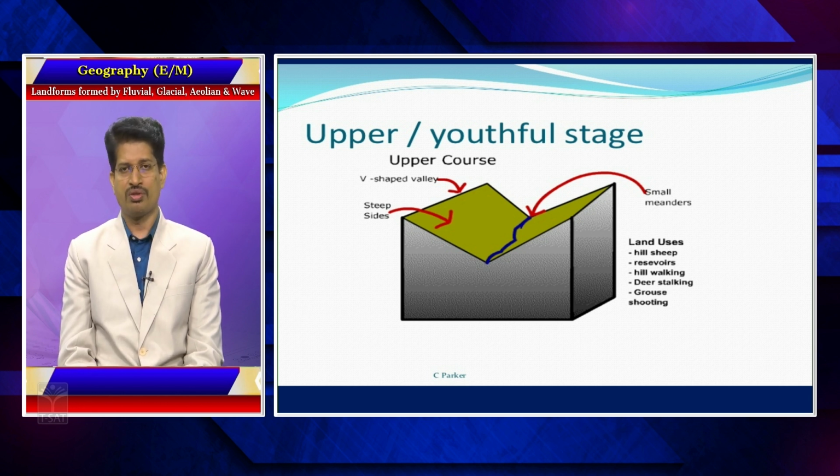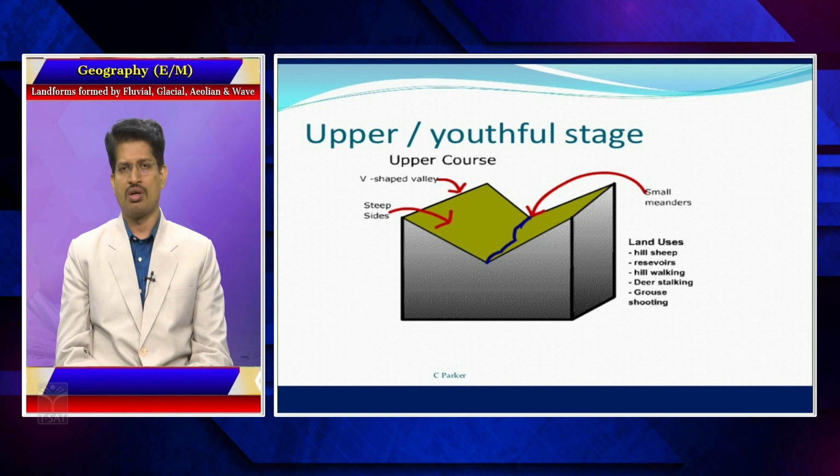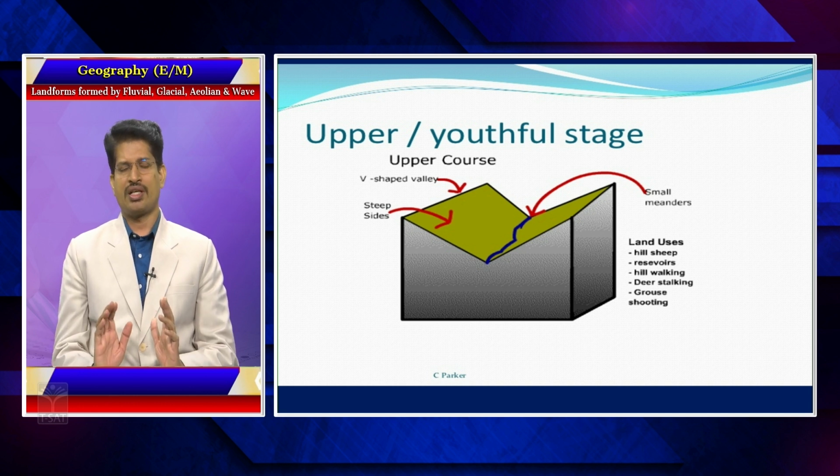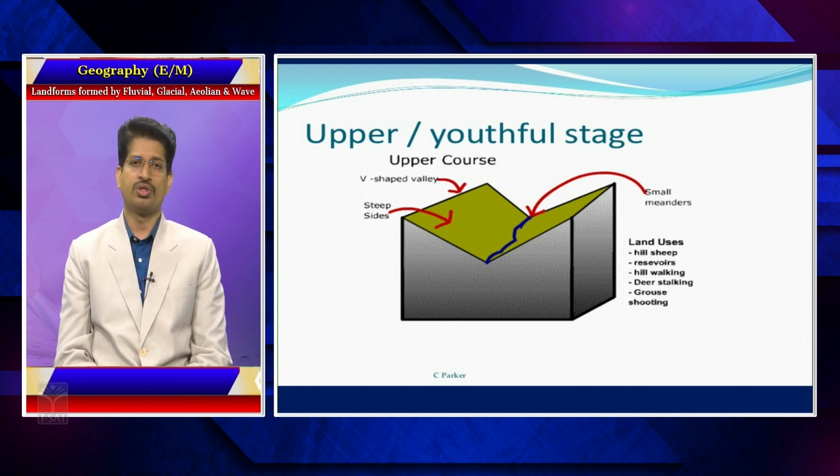So, instead of headward erosion, lateral erosion dominates. Means the river tries to cut the sides of the valley, changing the shape of the valley from a V-shaped valley to a U-shaped valley.